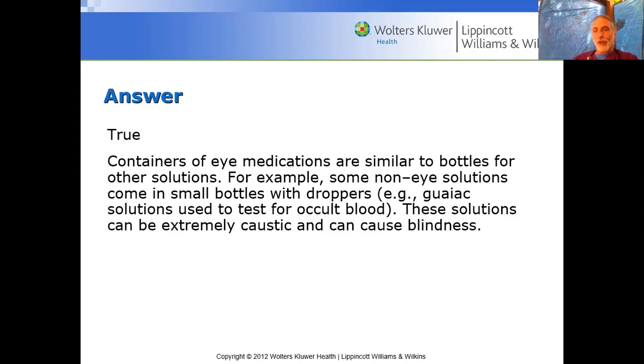They may look to your patient like eye drops. The patient may pick them up and try to use them as eye drops because their eyes are irritable, and then their eyes get really irritable. These solutions should never, ever, ever be left at the patient's bedside or where a patient can get a hold of them.